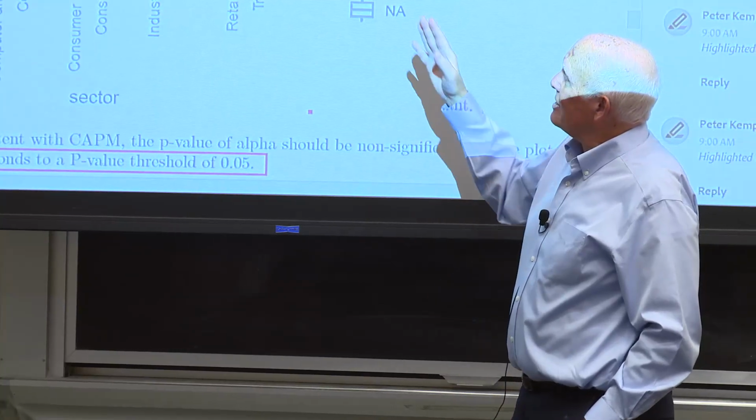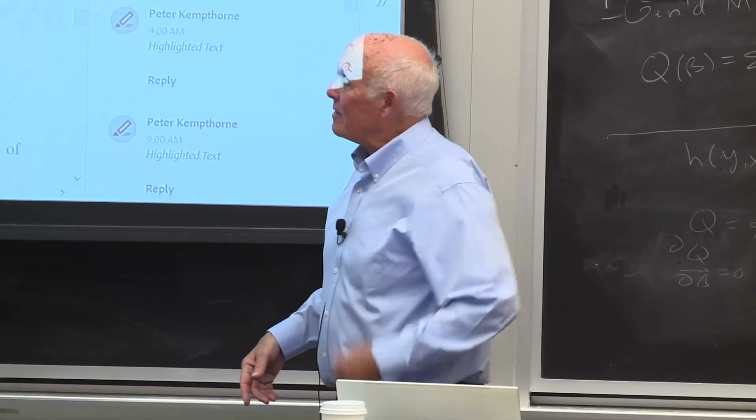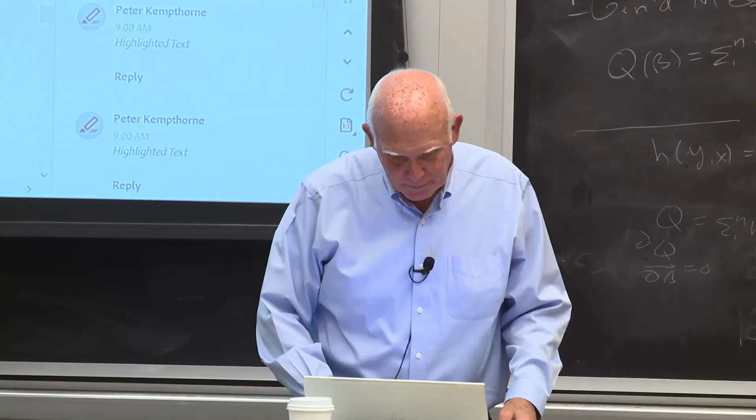One can see that there's a handful or a couple of handfuls of stocks that have a significant alpha. And if we use a 5% threshold, we'd expect 5% of the results to be statistically significant when there's no statistical significance. So maybe these, in fact, are consistent with the capital asset pricing model pretty well.